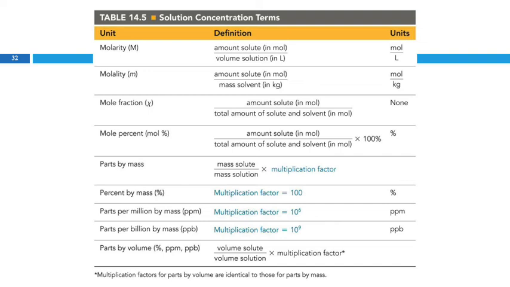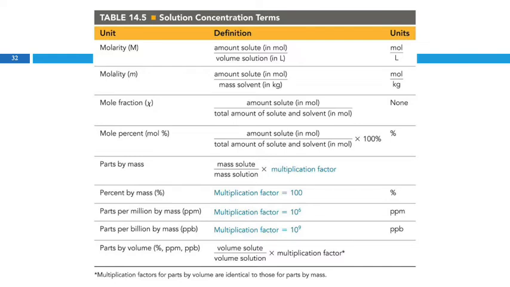And there's a whole bunch of different solution concentration units. And why are there so many? They are useful in different fields. It depends on what kind of units you're using for other things.